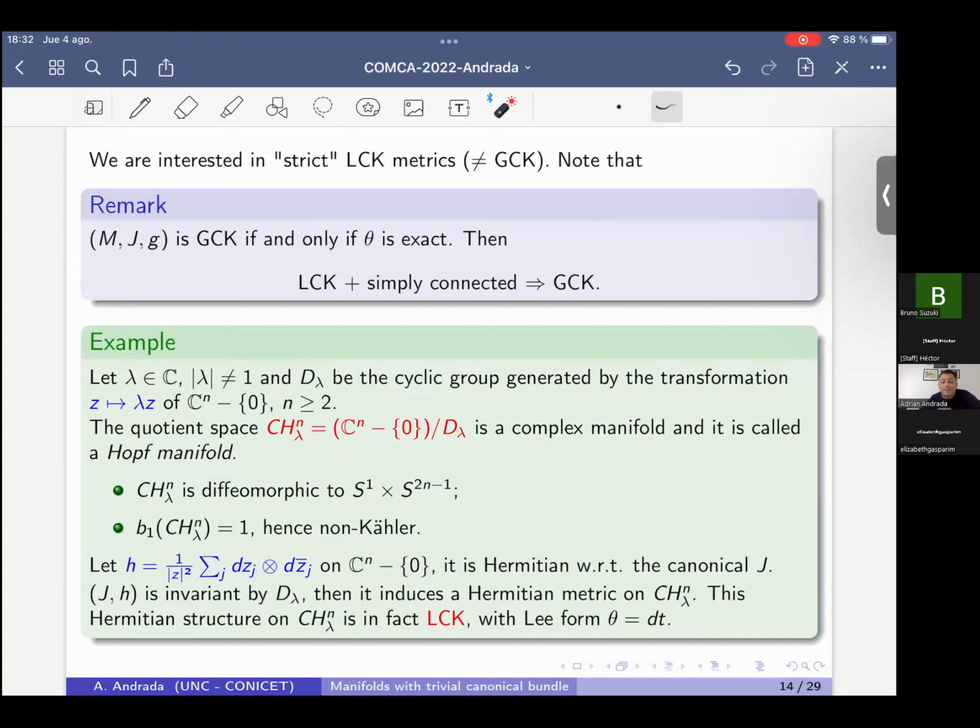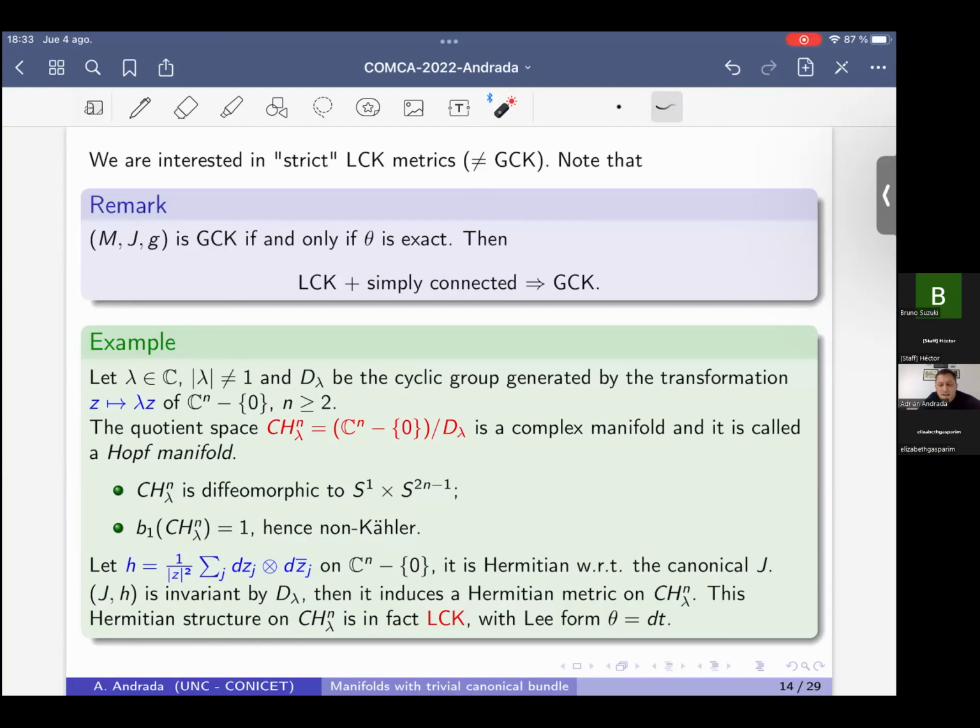Adrian, yes, please. Question: if you take one that is globally conformally Kähler, can't you just remove a point or something and get a locally conformally Kähler one?